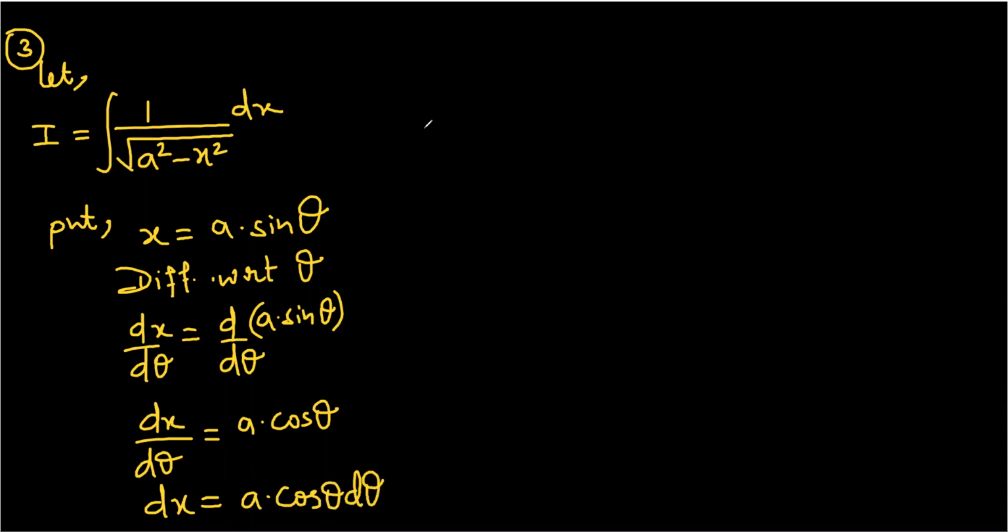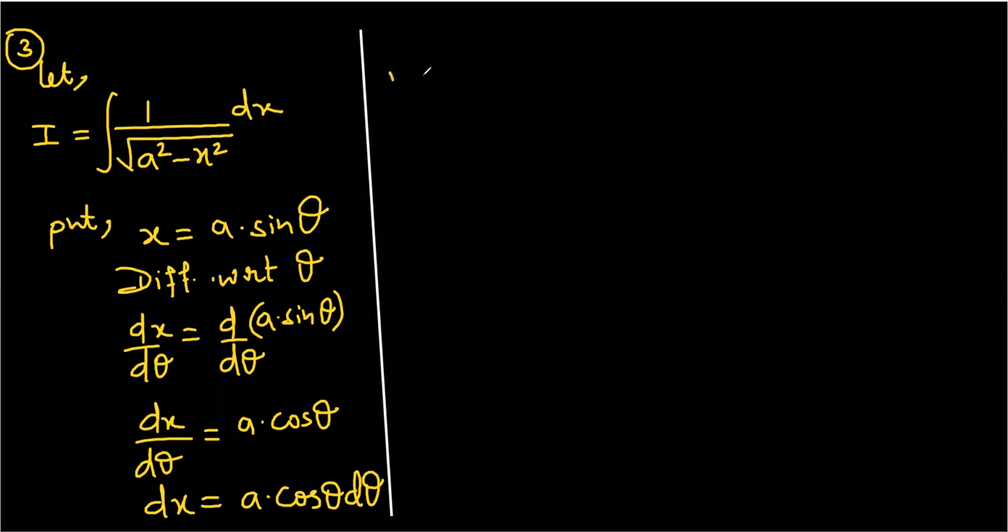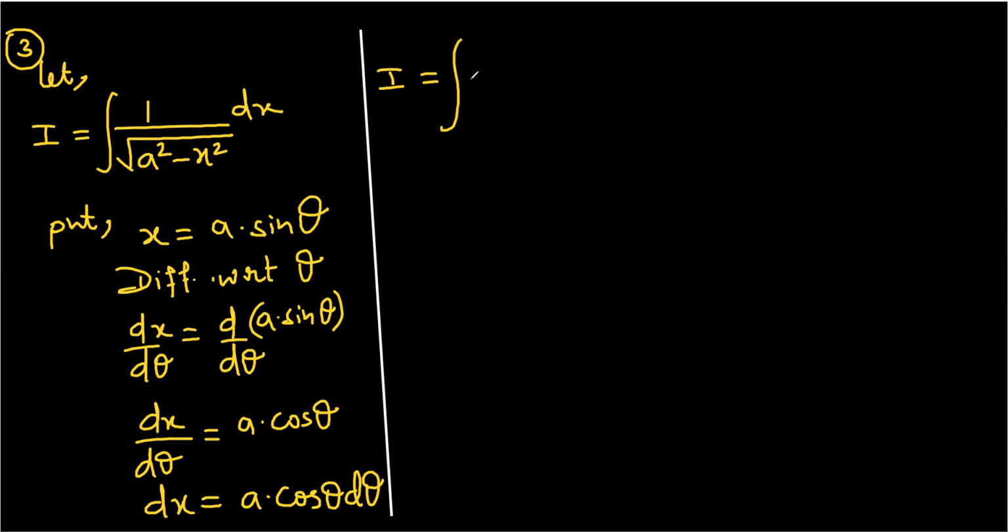We will write the next step as I equals integral 1 dx. What is dx? dx is a cos theta d theta, divided by square root of a square minus x square.